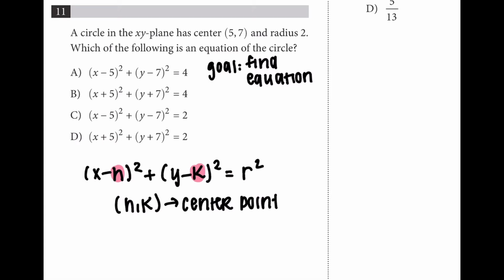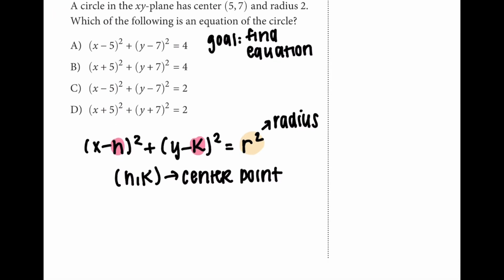So this is also going to be some coordinate point. And then r squared, that's going to be your radius, but notice it's r squared, so it's going to be the radius of the circle squared. So that's the equation of a circle.